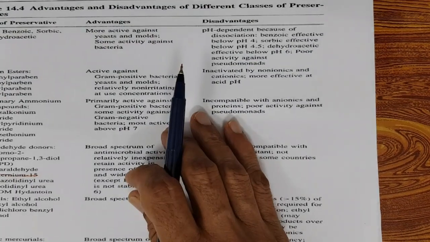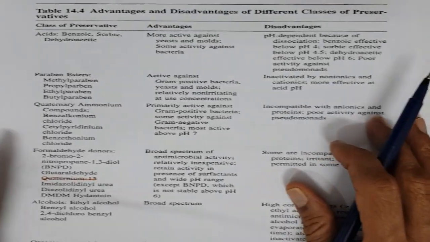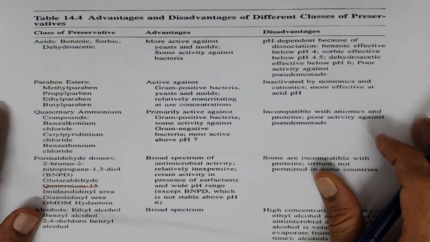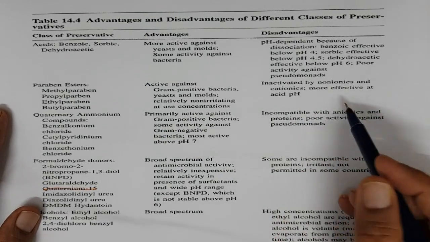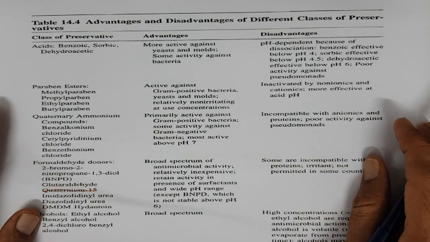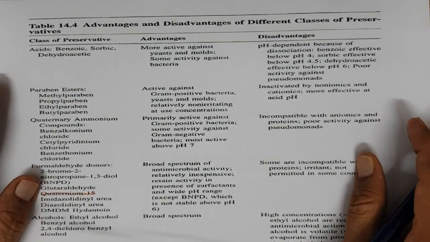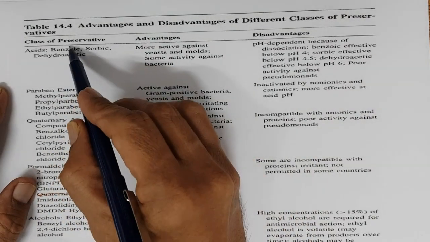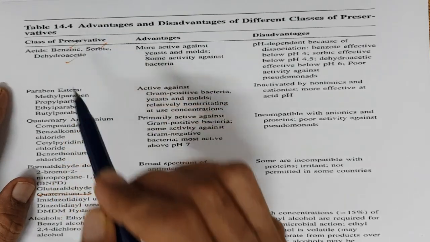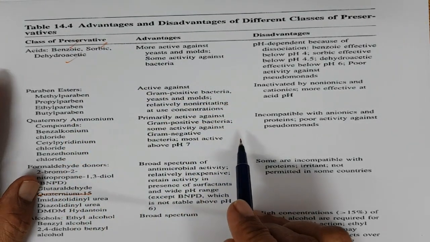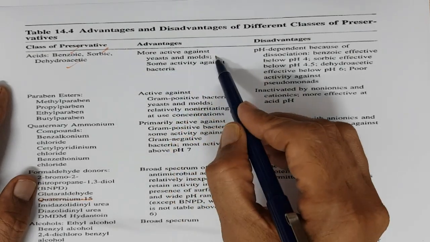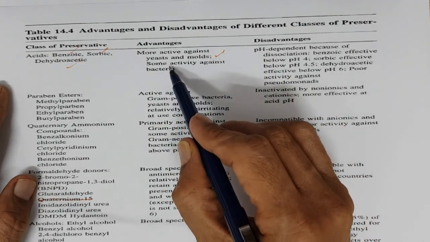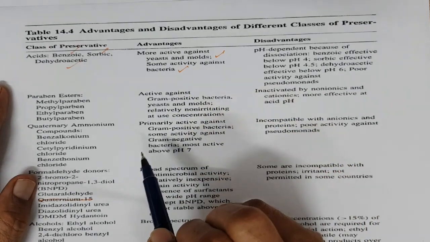Now what we can see is some of the preservatives allowed and what are their advantages and disadvantages, right? So benzoic, sorbic, dehydroacetic acid, right? More active against yeast and molds, some activity against bacteria.